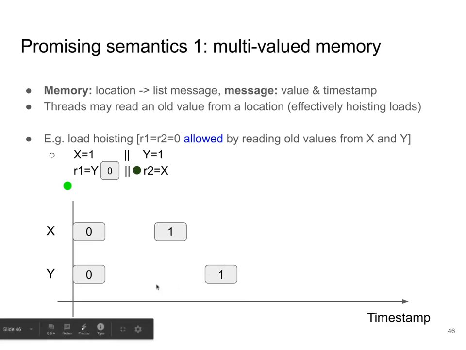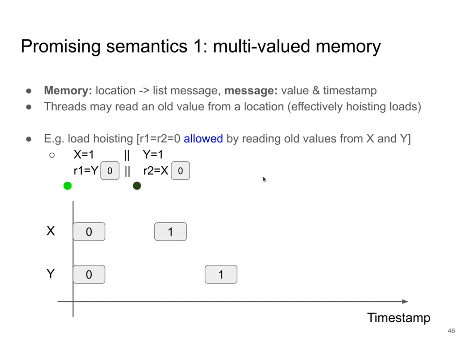It is specifically allowed in promising semantics because a thread can read an old value that may be overwritten by later writes, because the information is tracked in the memory. 0 is there in the memory, so we can read it from the left thread.